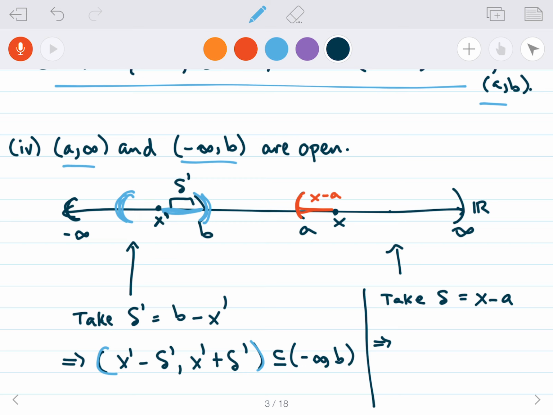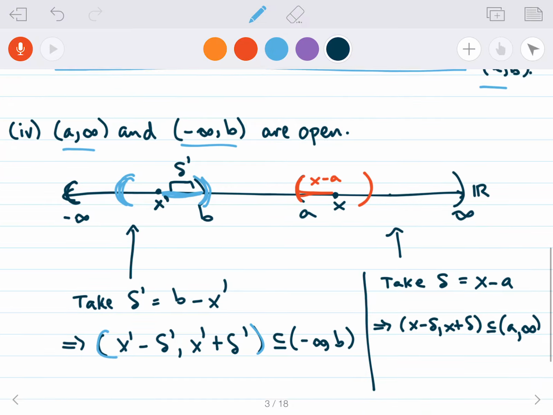This means that little neighborhood, if we make it symmetric with x in the middle, is clearly contained here. So we have x minus delta, x plus delta is indeed contained in there. And therefore we have openness, just by the definition of what it means to be open.